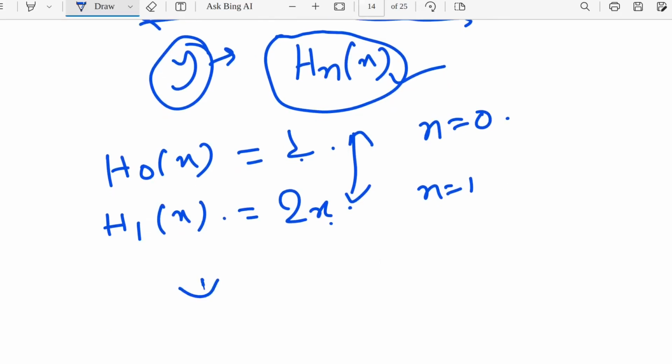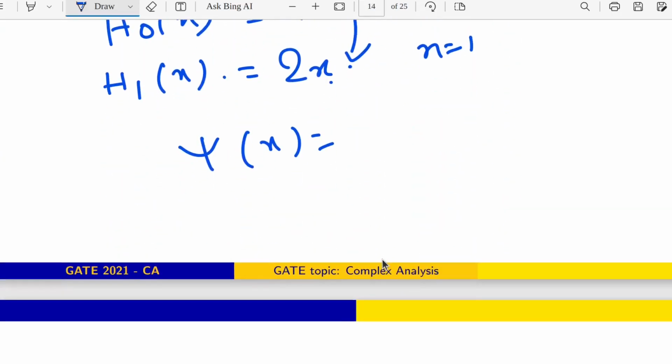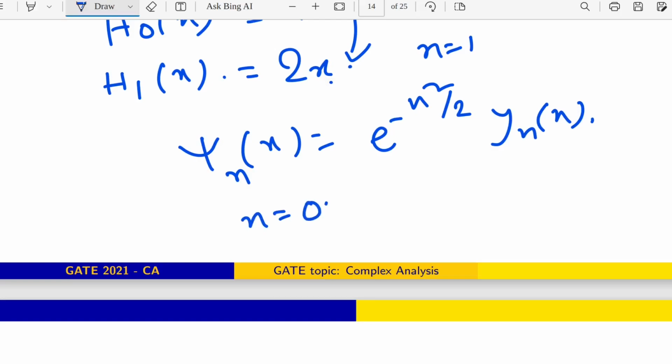Now in that question they are asking that psi_n(x) is e to the power minus x square by 2 times y_n(x). Fine.